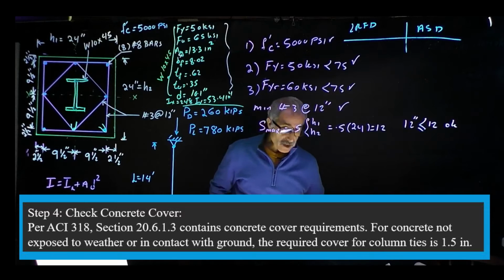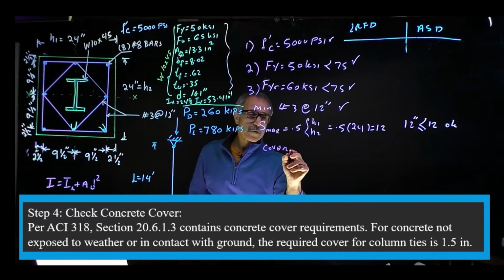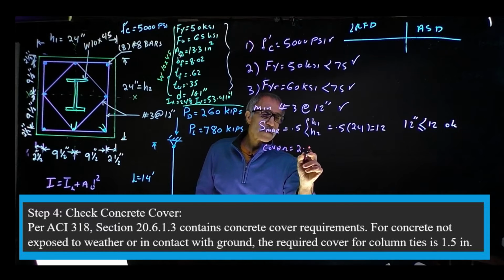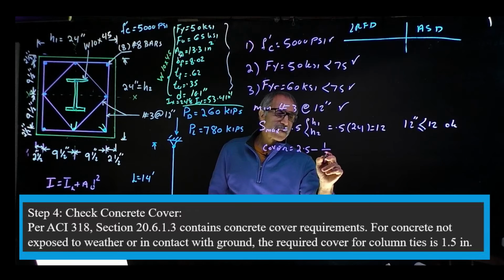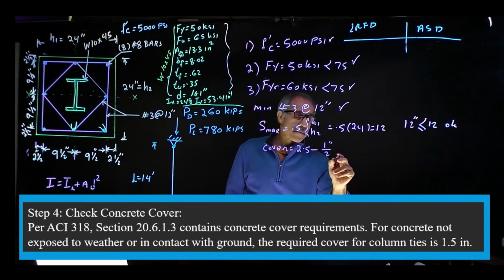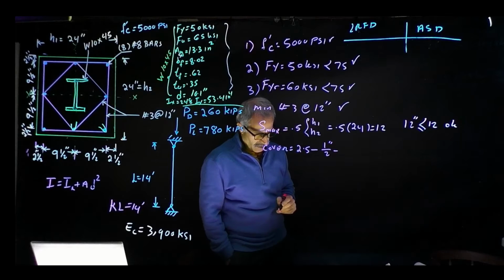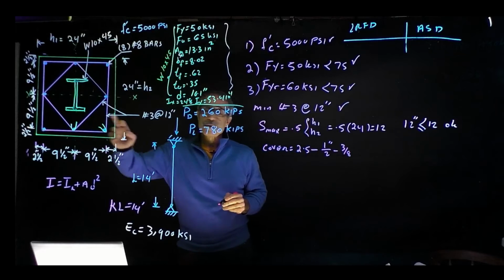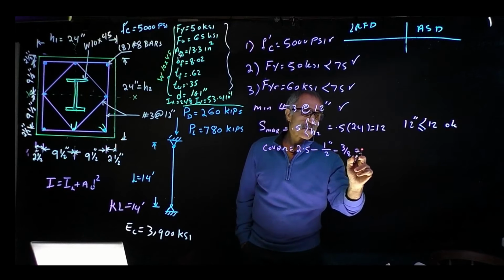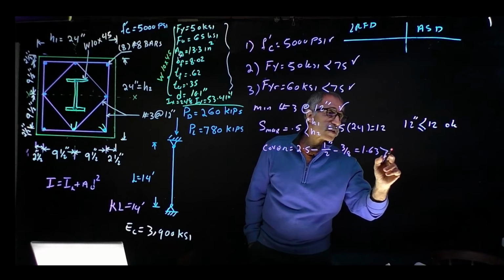And our cover came out to be 2.5 inch minus the diameter of the bar, which was 1, divided by 2, and then minus the diameter of the transverse bar, the number 3, which is 3/8, and that comes out to 1.63, which is more than 1.5.